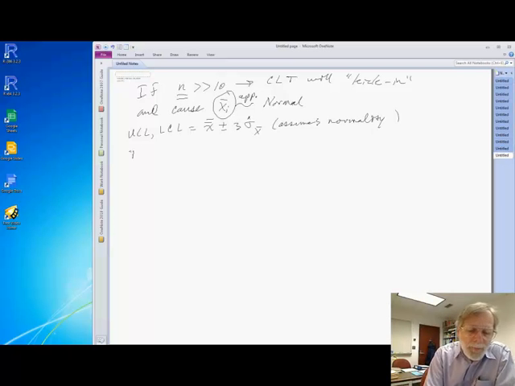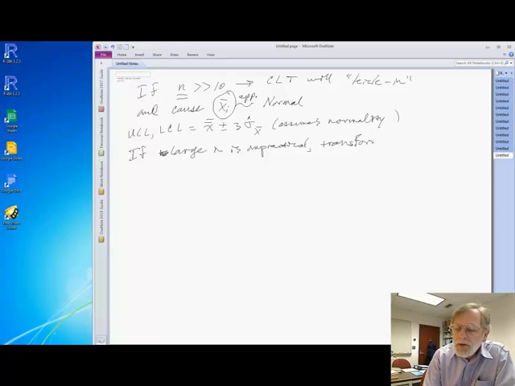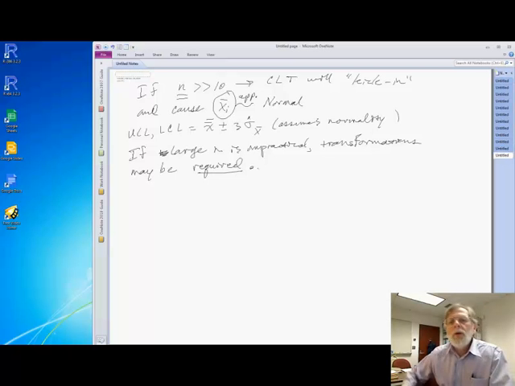So if large n is impractical, transformations may be required. So you might get backed into a corner. Why?